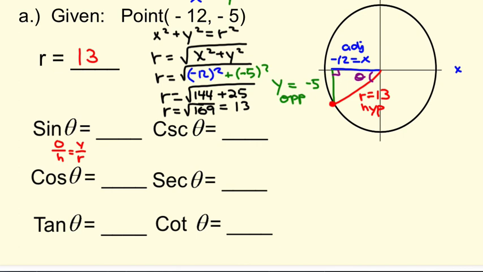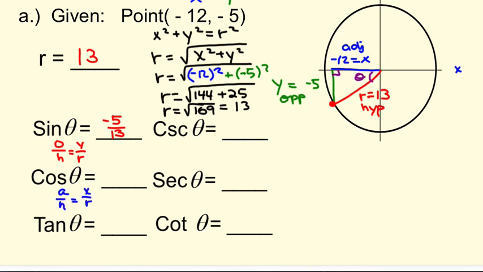So now we come over to our right triangle. The value of y, or opposite, is negative 5. And the hypotenuse is 13, or the radius. Now the cosine is CAH, adjacent over hypotenuse, or x over r.